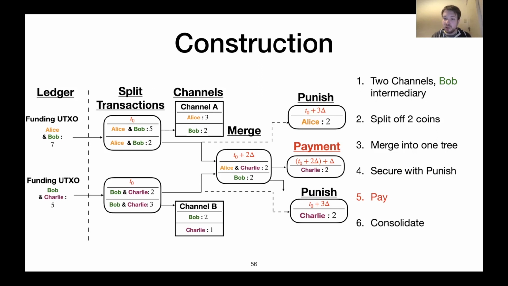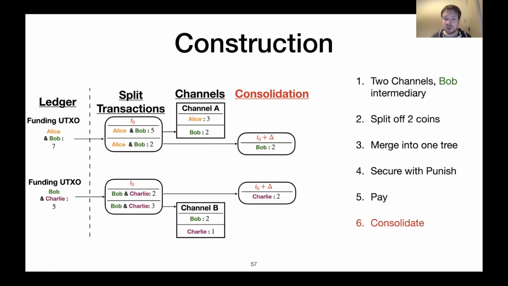While doing this, we again do not want to perform any state update in a way that we would perform a payment between the parties. So the first step is we use Bob as an intermediary to atomically again create 2 new transactions that spend the split transactions' outputs, but now give the coins to Bob and Charlie respectively.